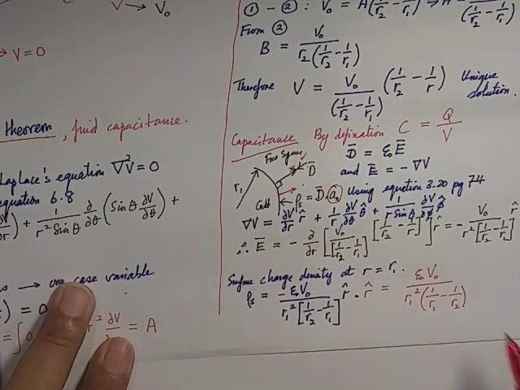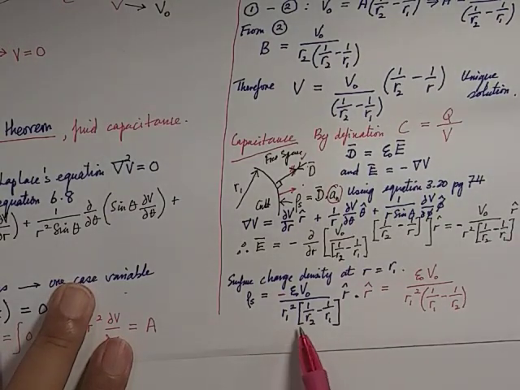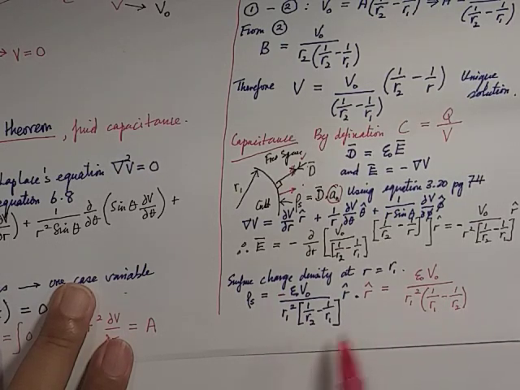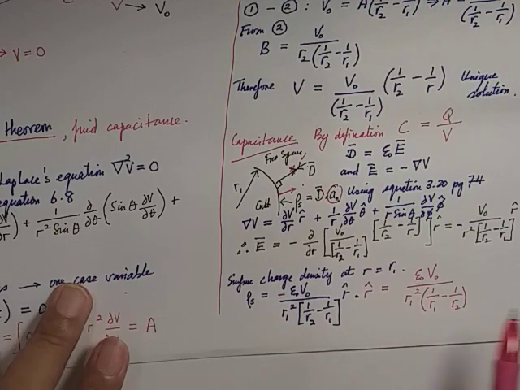I'm just changing the position of these terms in order to eliminate the negative, so now it becomes positive. That is the consequence of eliminating the negative, and that should be our rho S.